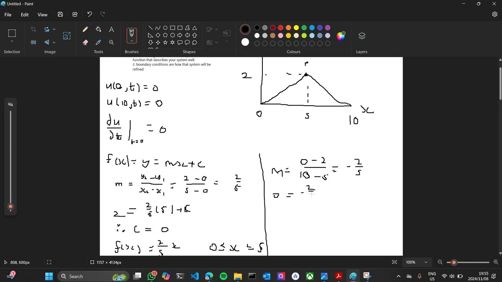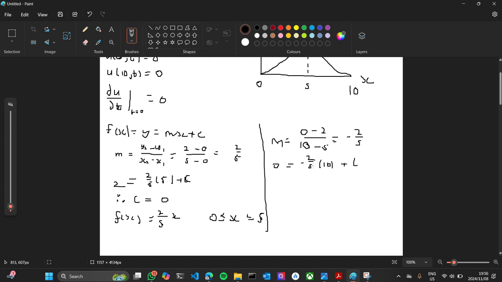So minus 2 over 5 multiplied by x, which is equal to 10, plus c. This will give you 2, which then multiplies with that to give you negative 4. So if you take that over, c is then equal to 4.